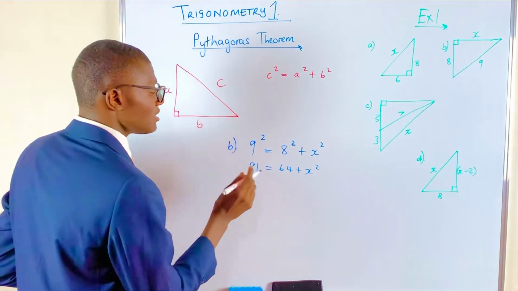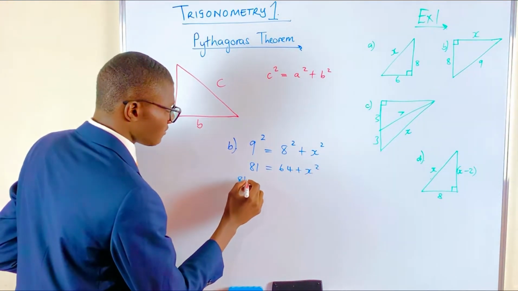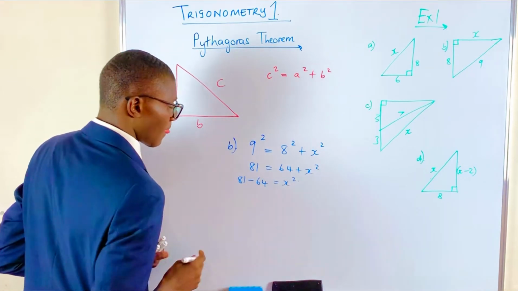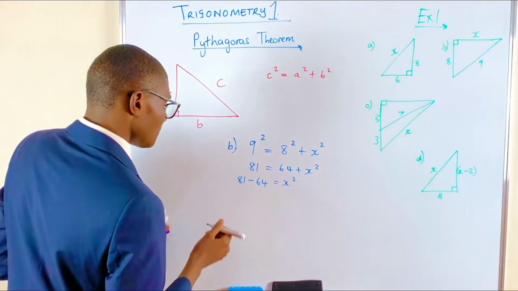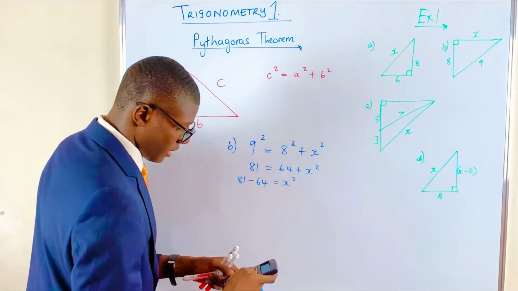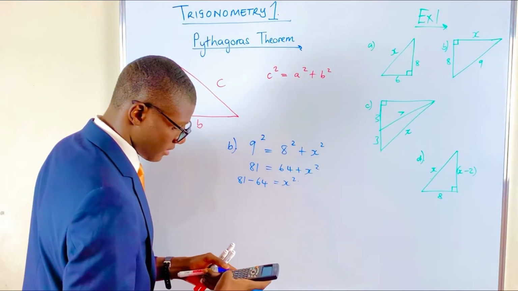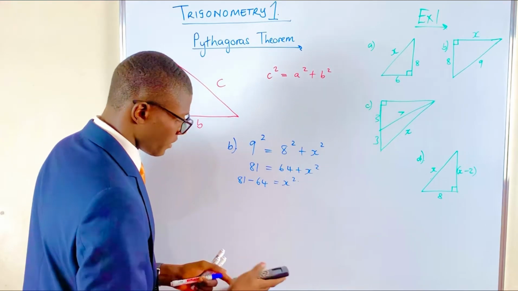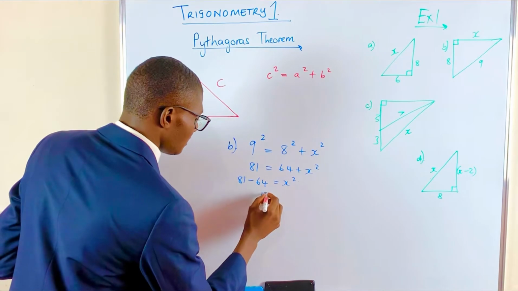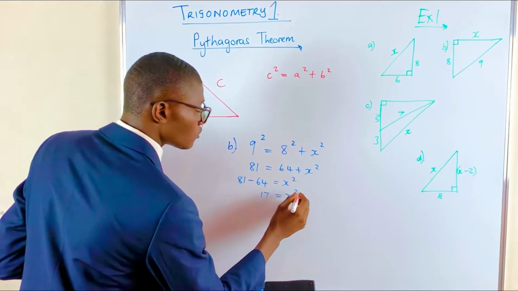Taking 64 to the other side, it becomes negative. 81 minus 64 is equal to x squared. Subtracting this, what do we get? 81 minus 64, we get 17. So we see that we've got 17 being equal to x squared.